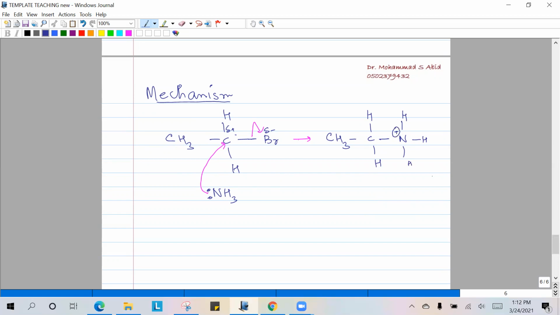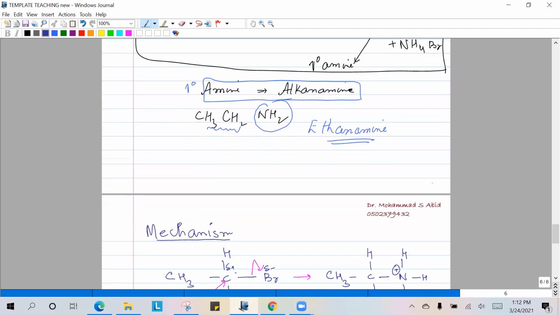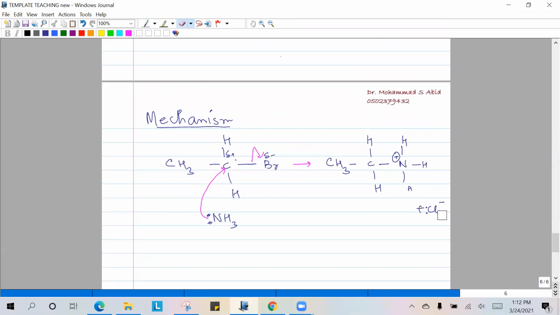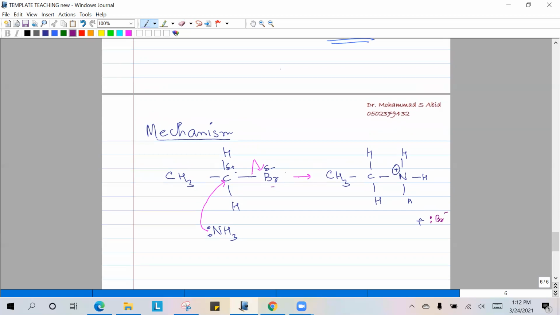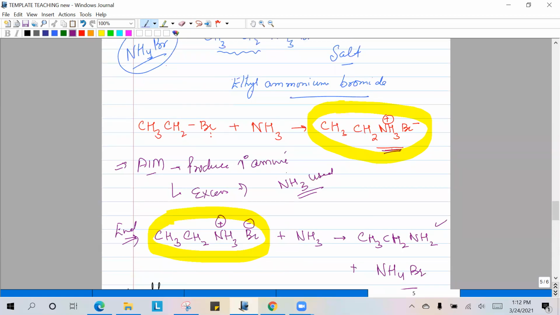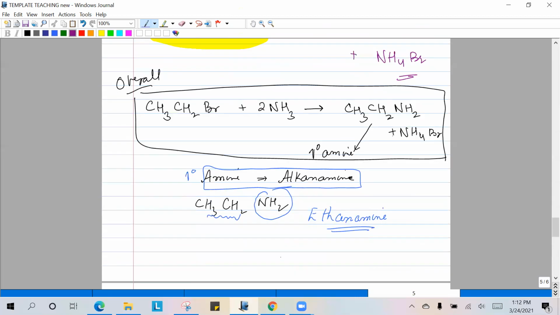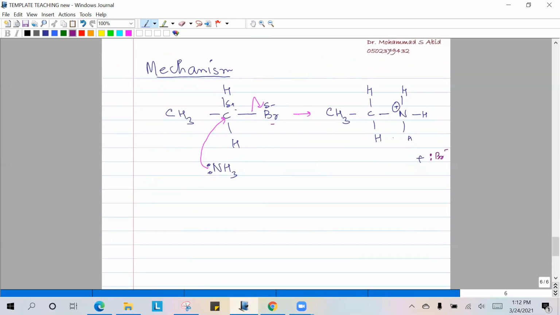So the NH3 gets the positive charge and the Br minus is produced. You could take any of the haloalkanes, that is not the problem. Instead of Br, you could have taken the Cl. What I had written over here was together. When it is in the ionic form, it will be separated out, NH3 plus and Br minus. So this thing is formed as an intermediate.